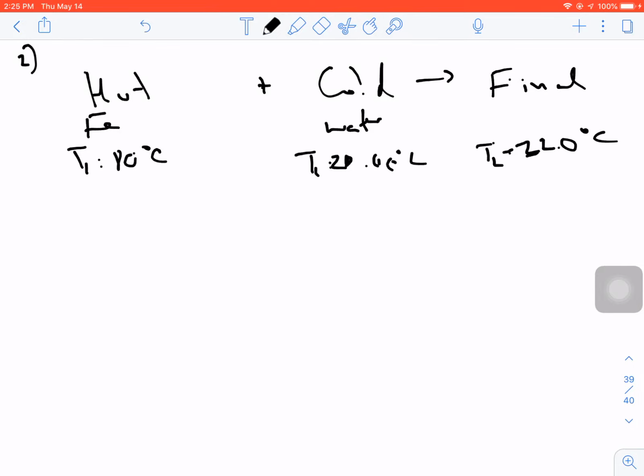Okay, so I now know what my T1s and T2s are. I can put my T2 here because I know that it's going to finally end up at 22 degrees C, and that the water also will reach 22 degrees C.